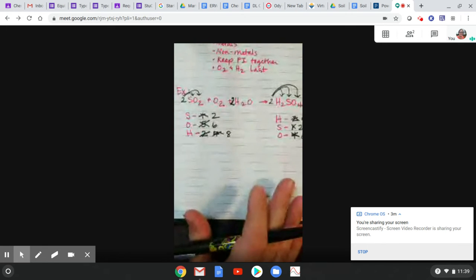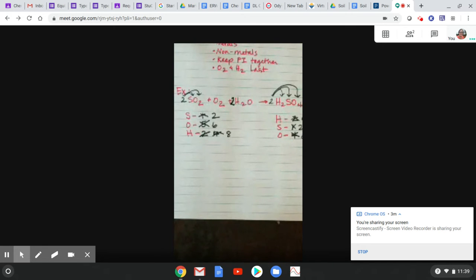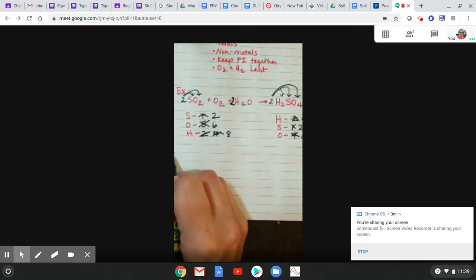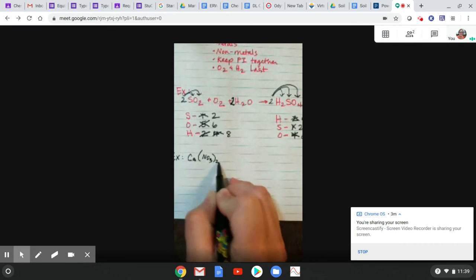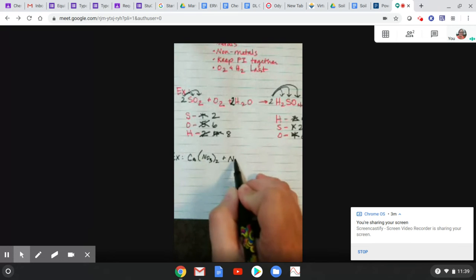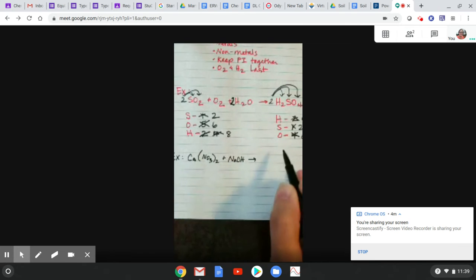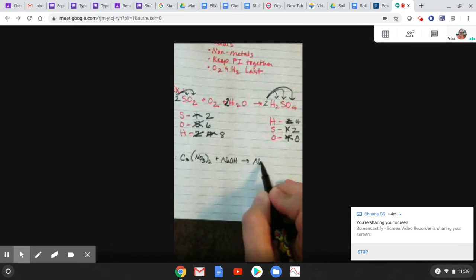So I'm going to work out one more reaction from the lesson with you. I'm going to work out this one right here. So this is an example from your notes. So it is calcium nitrate plus sodium hydroxide gives you sodium nitrate.